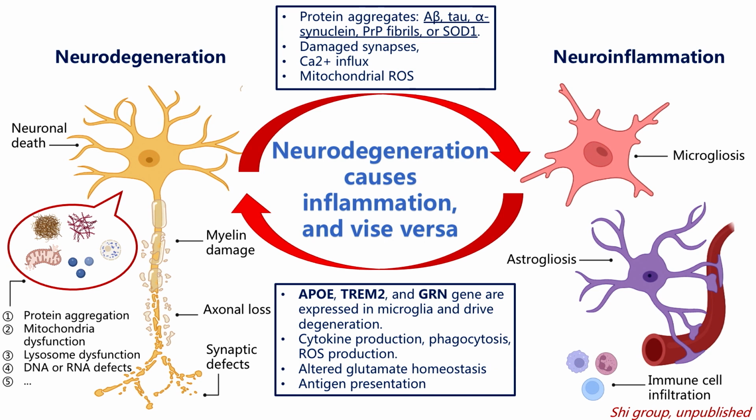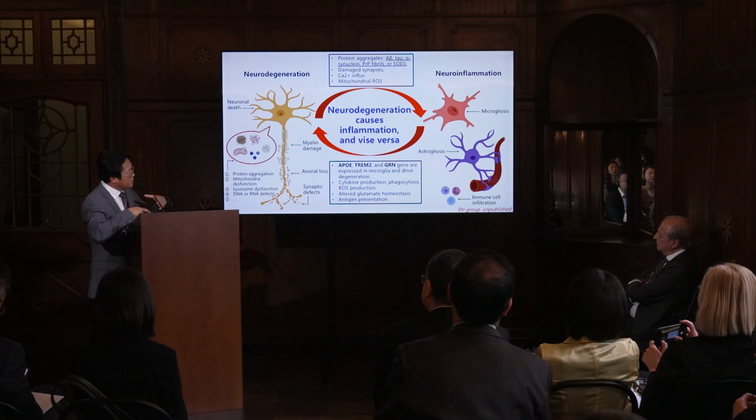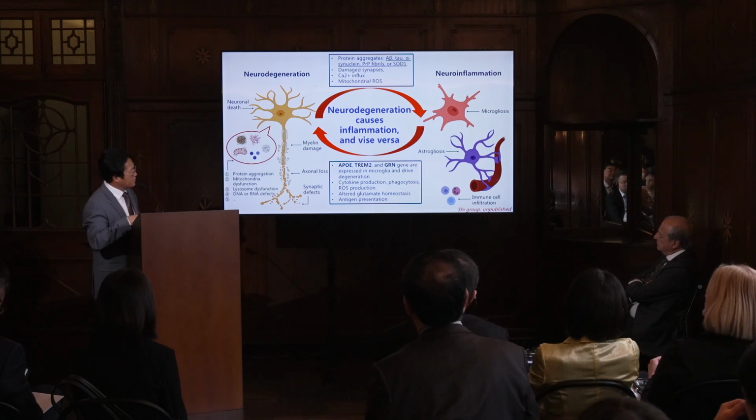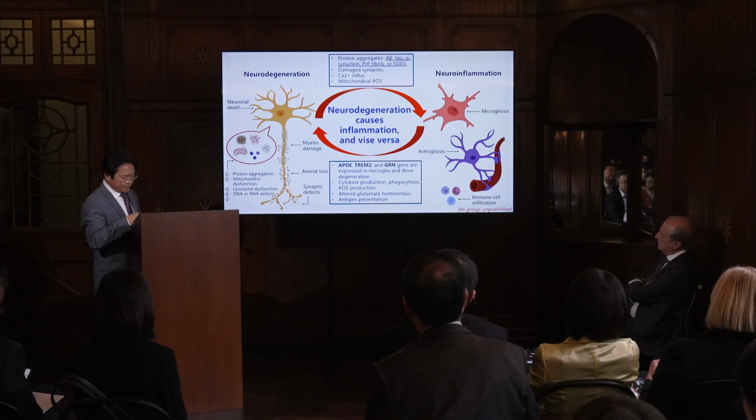They aggravate microglia. They also attract peripheral immune cells into the brain. On the other hand, the continuous neuroinflammation is detrimental in many ways to neuronal cells, axons, and many components of the myelin. So they are interconnected, and this is what we think currently.